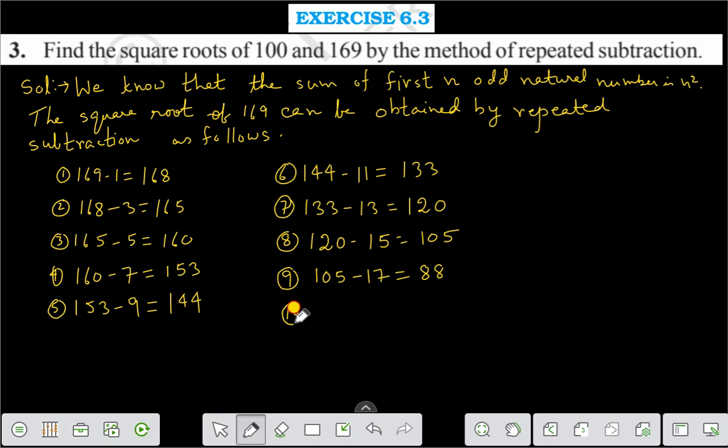Tenth step is 88 minus 19. 88 minus 19 is equal to 69.